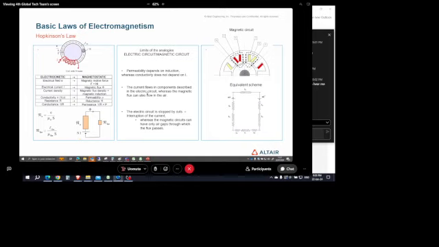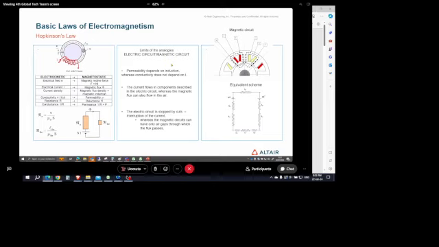So then, what is the limit of this analogy? Here, the relative permeability depends on the flux density and the magnetic field we apply. And the conductivity does not depend on the current we supply in the electric circuit.